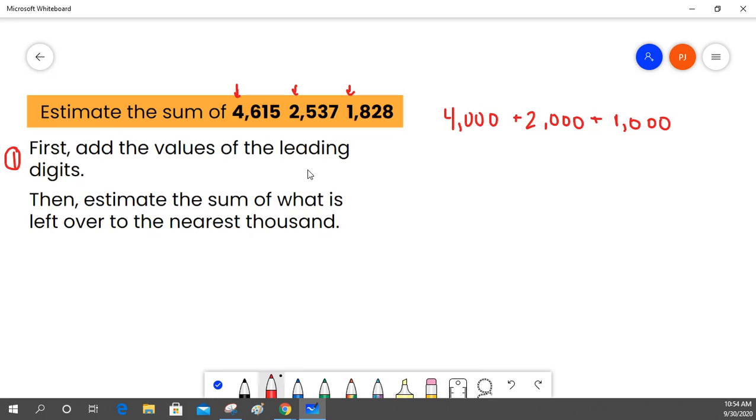So I'm not rounding here. I'm just getting the value of my leading digits. 4,000 plus 2,000 plus 1,000, well, that's 6,000. All right, so now I'm going to circle this number, and I'll write it right here, 6,000.